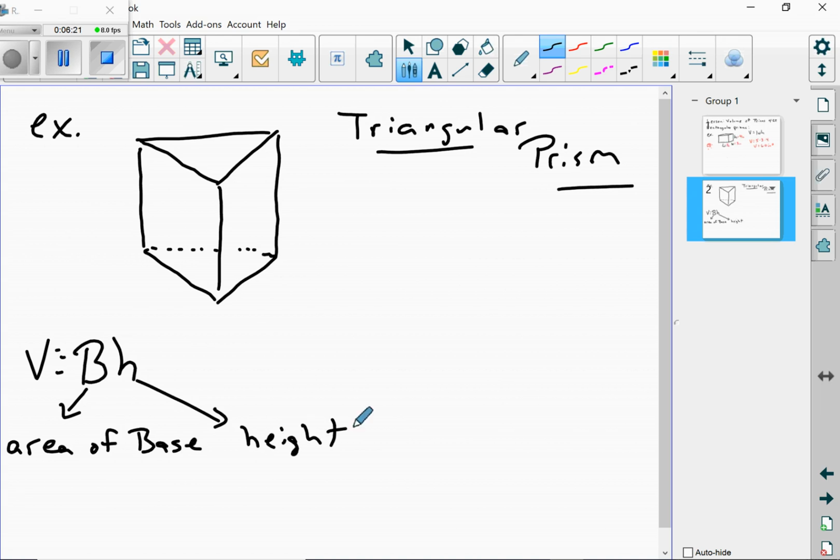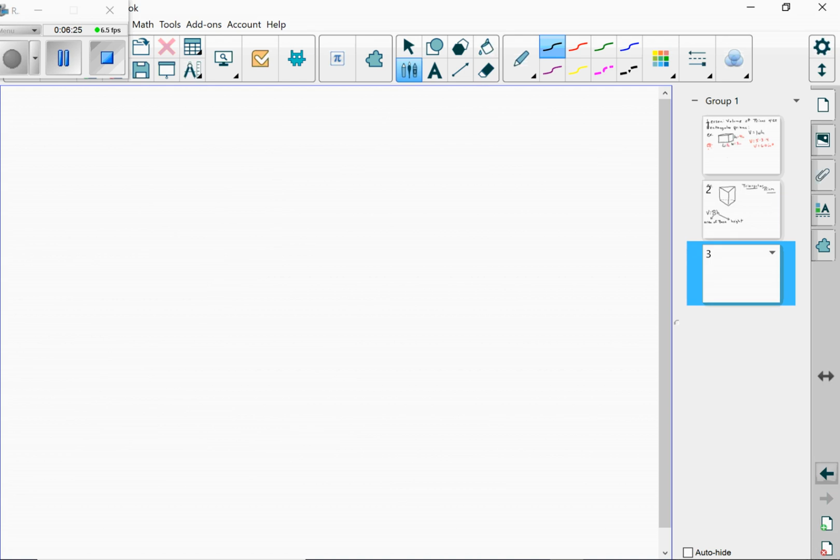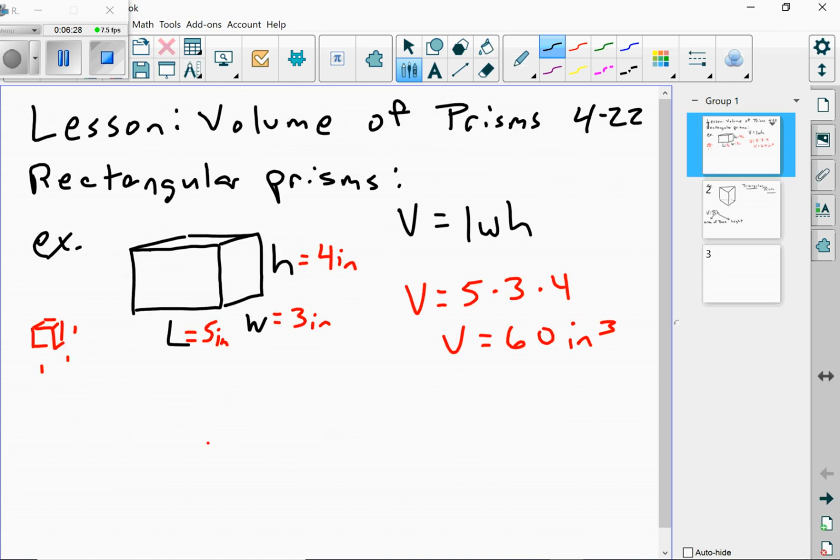So we just got through doing a rectangular prism. The base of this shape is that bottom rectangle. You can't really see it, but it's down on the bottom. It would be kind of like this rectangle that I'm making in red right now. That's the base.